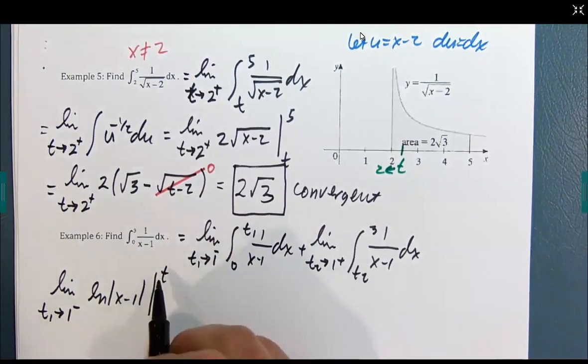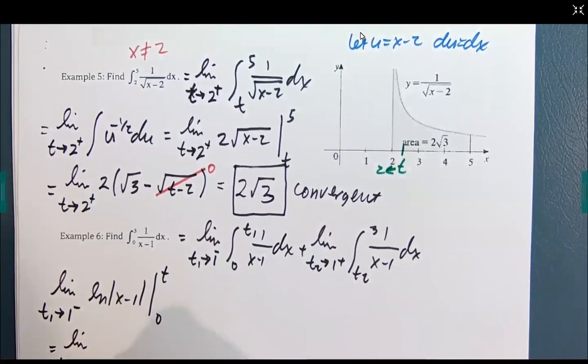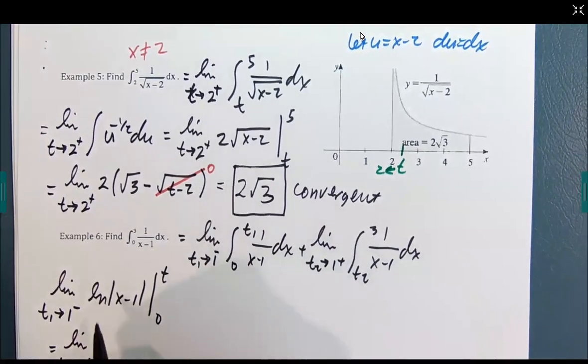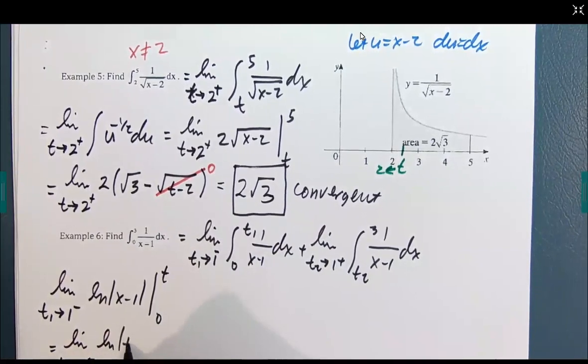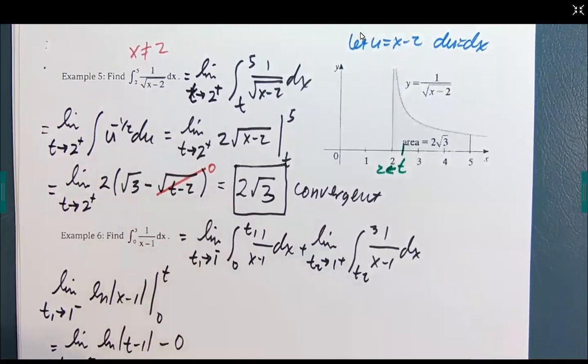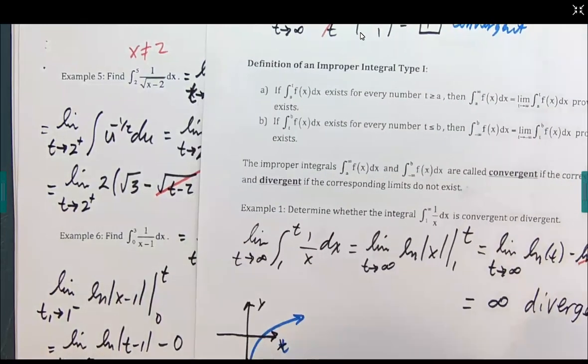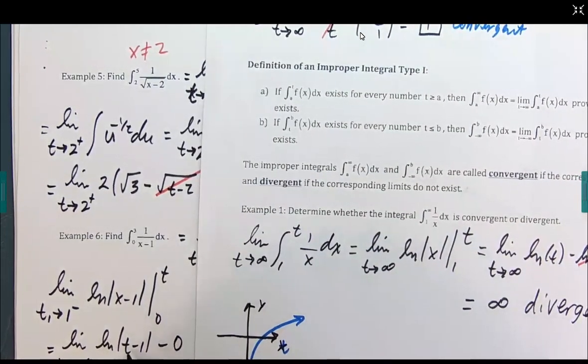And what's going to happen here, when I plug in t there, that's minus. Now when I plug in 0 there, I get absolute value of -1. That's just 1. That whole thing goes to 0. And here's the problem. As we have natural log approaching, in this case 0, because we're getting closer to 1.